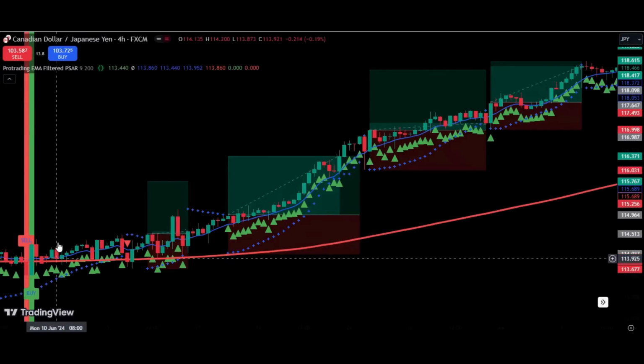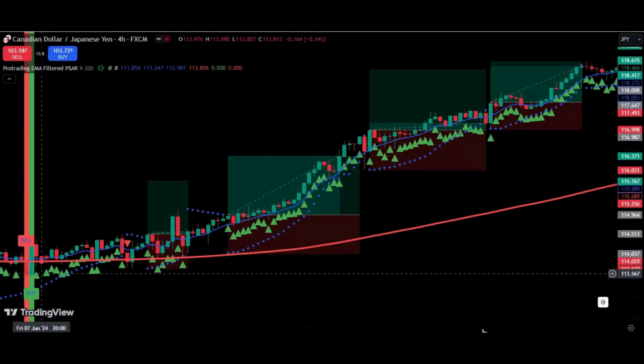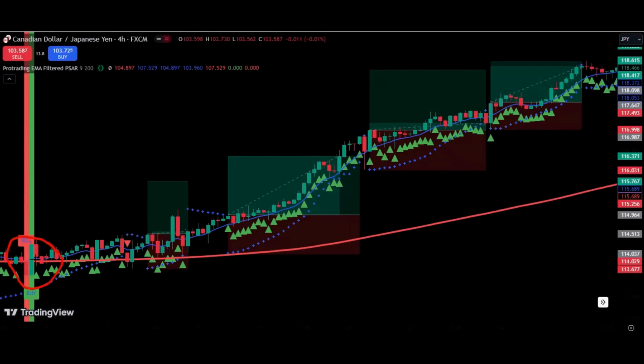We don't take any trade here because this was the point where we confirm the trend. From this point, we are looking for a new signal from the parabolic SAR. Here we got a new signal. At the close of this candle, we open our buy trade, and our stop loss is at the parabolic SAR.